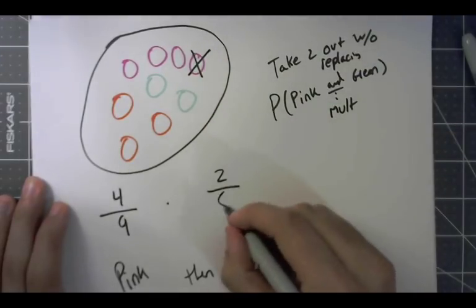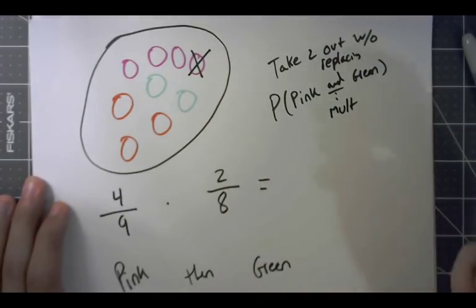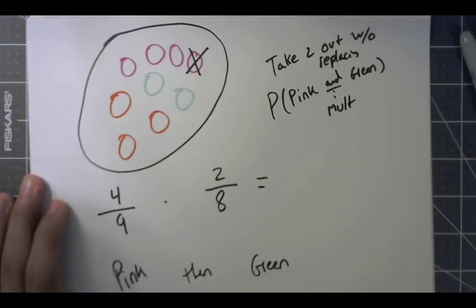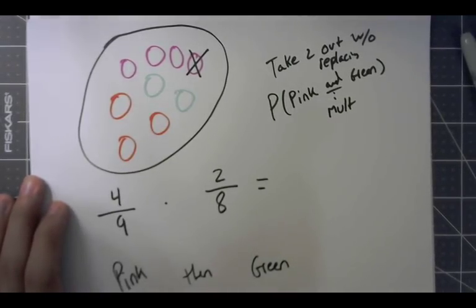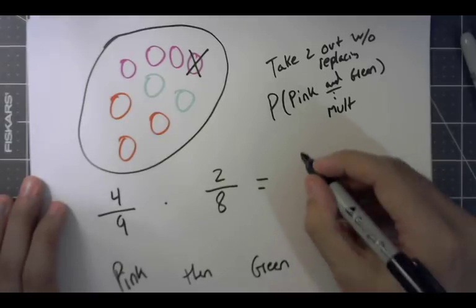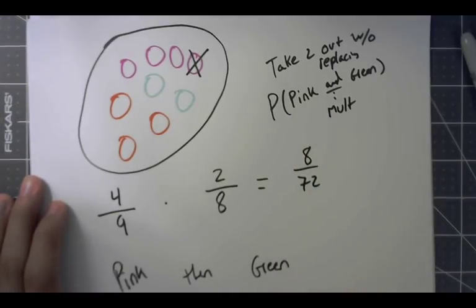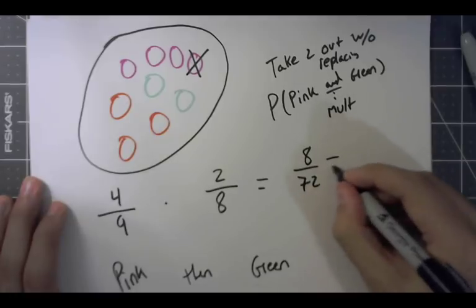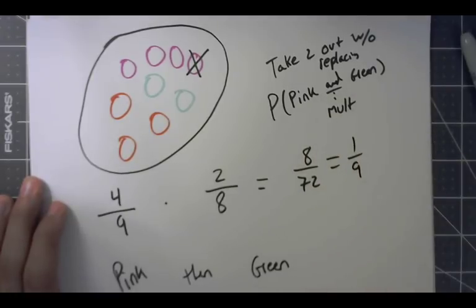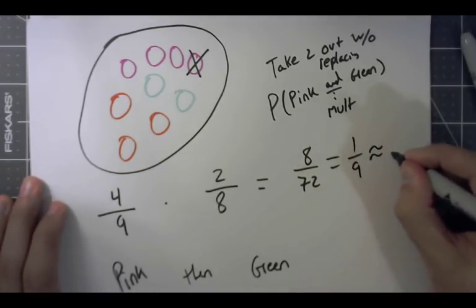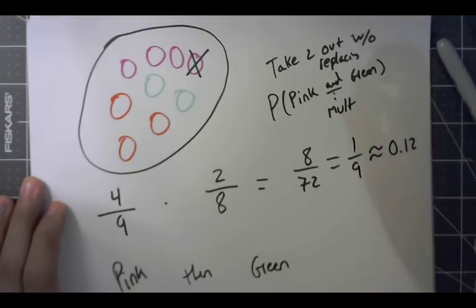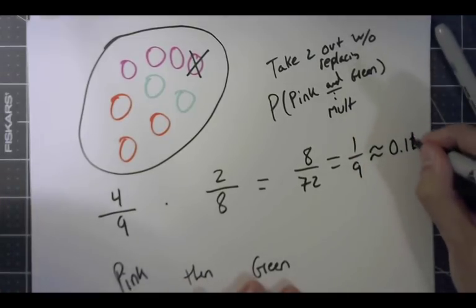Now I have 8 to pick from, and so I'll multiply them. I have 8 over 72, which simplifies to 1/9, or about 0.11.